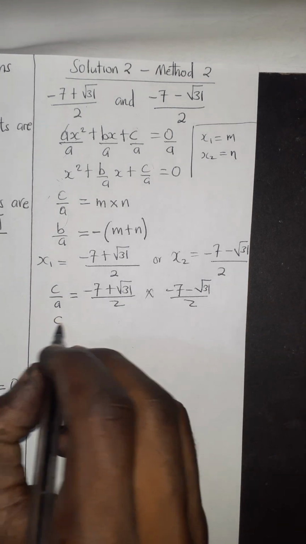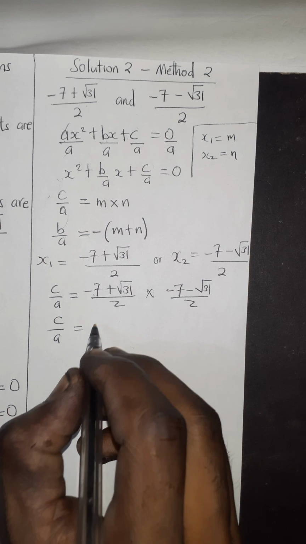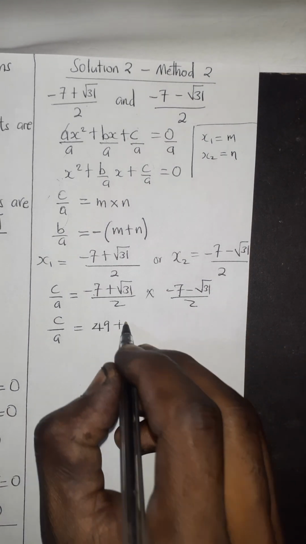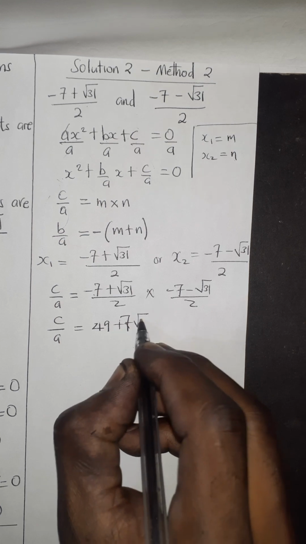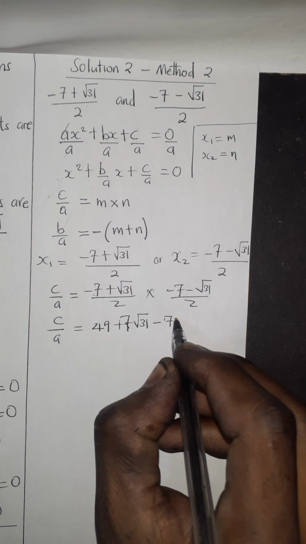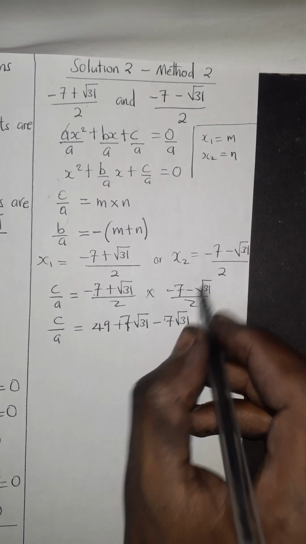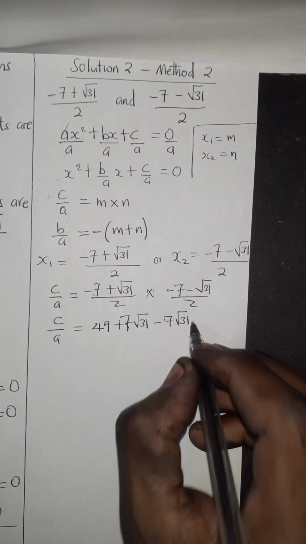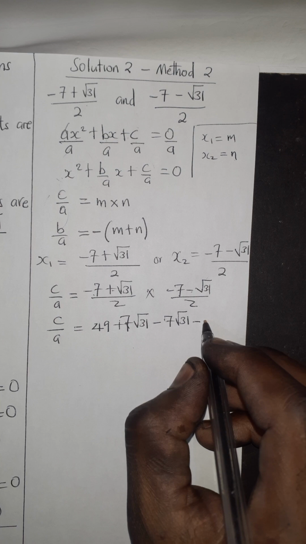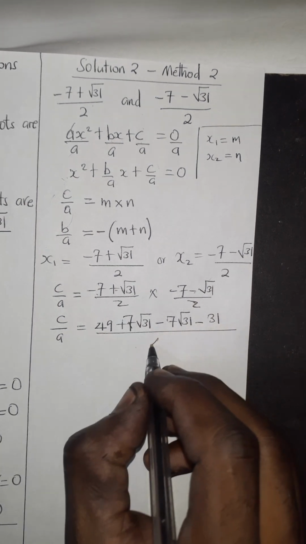The expansion is: negative 7 times negative 7 is positive 49, and this times this is positive 7 root 31. This one times this is negative 7 root 31, and root 31 times root 31 gives negative 31, since negative times positive is negative. The whole of this is over 2 times 2, which is equal to 4.